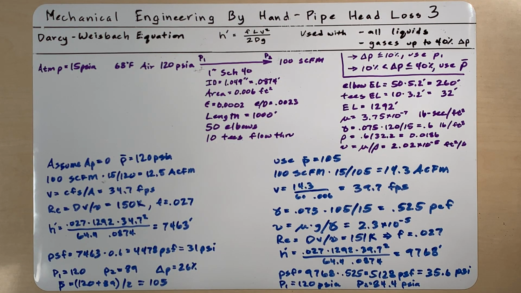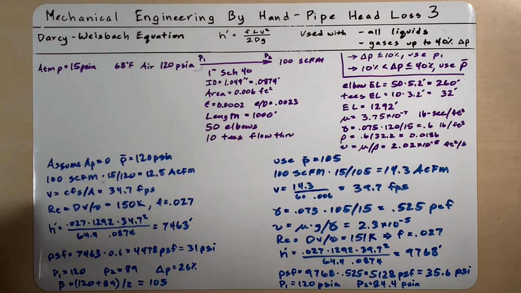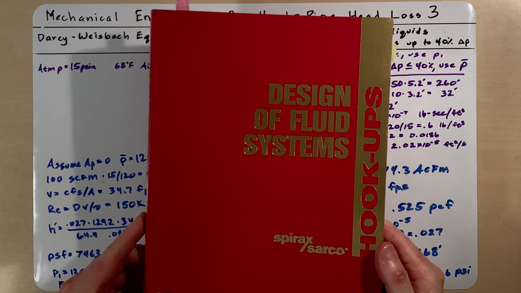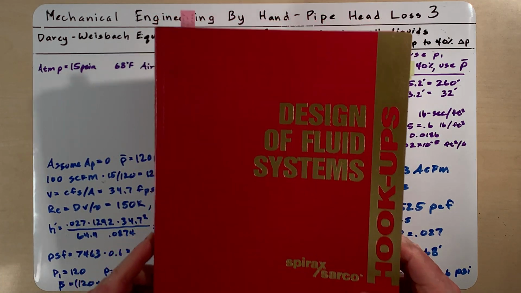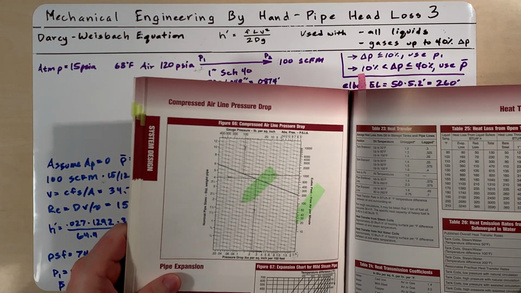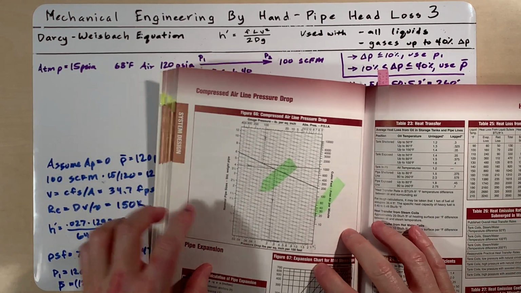So another way to do that is to look on a pressure drop chart for compressed air, and I have one in this book by Spirax-Sarco. They deal with steam, but for some reason they have this chart in their book.